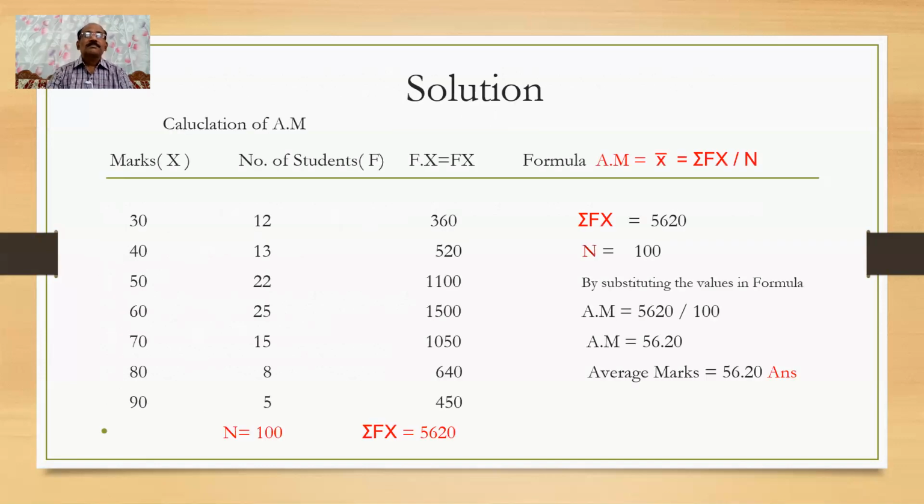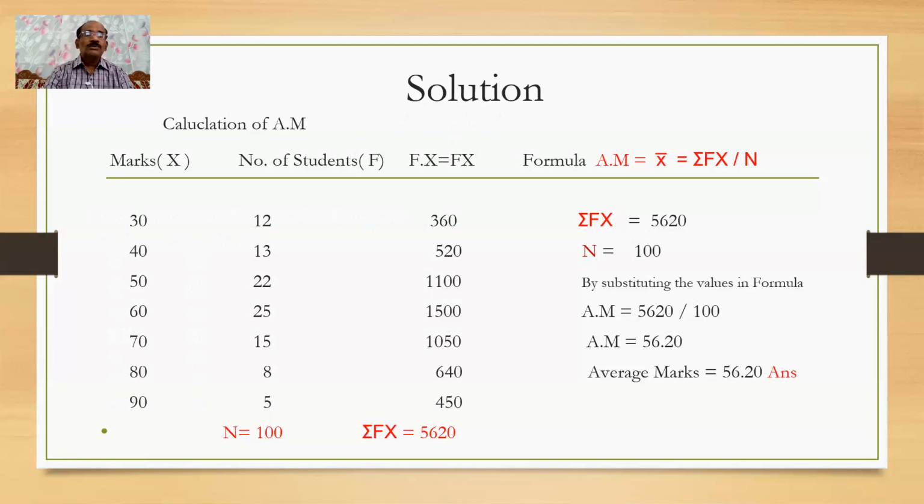See, it is the solution. Just now, what I told, x marks are given, number of students also given. So these first two, x marks and number of students, are given in the problem only.